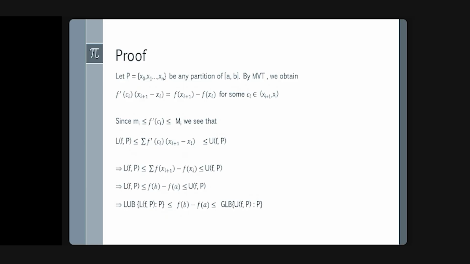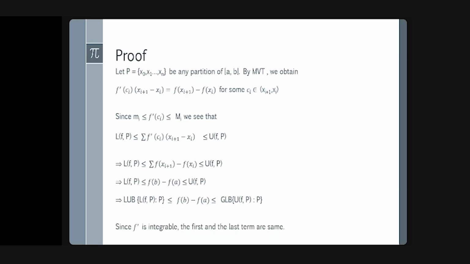Now we actually need the integrability of f dash. Because if f dash is integrable, the LUB of lower sums, that is our lower integral, and the GLB of upper sums, that is our upper integral, are exactly the same. And since this inequality holds, what can we finally conclude?